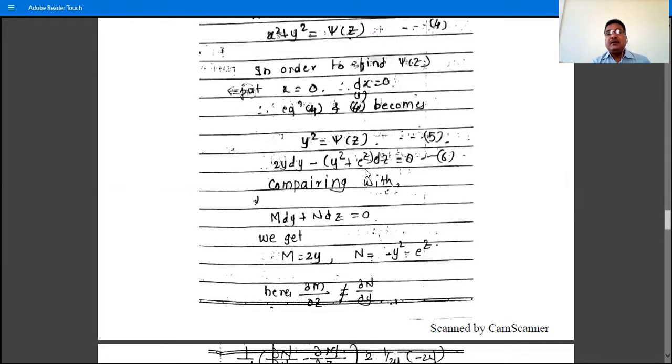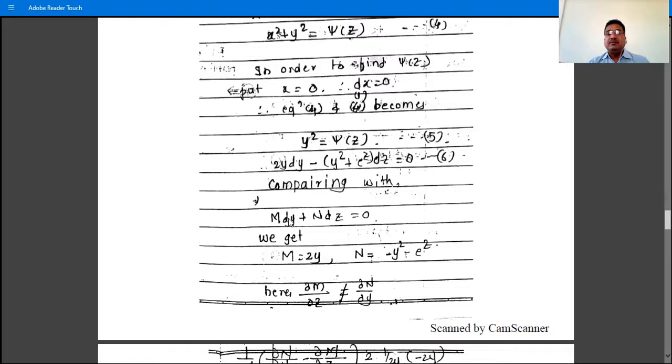If it is not in variable separable form, then it is either of homogeneous type, or a linear differential equation, or non-homogeneous, or an exact differential equation, or a Bernoulli differential equation. So these are the methods to solve the example.